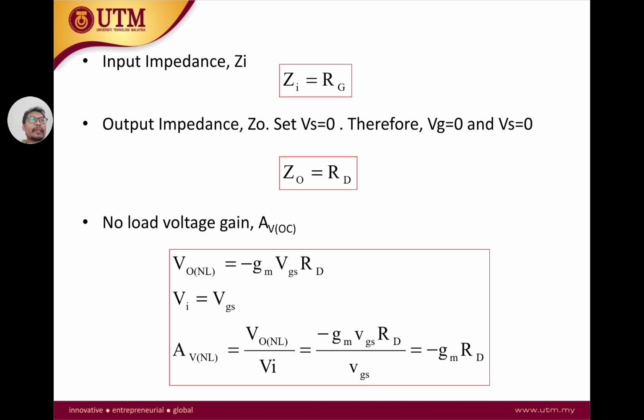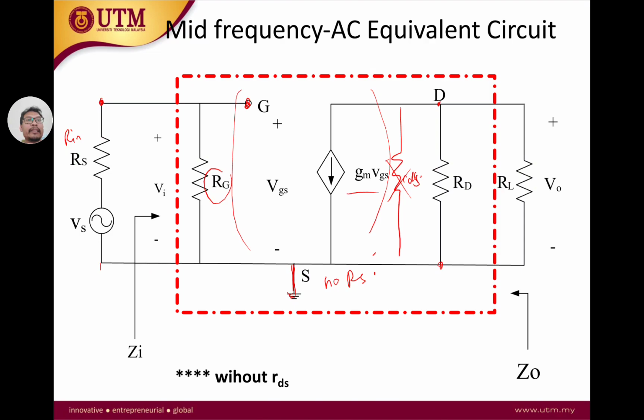Next we can calculate our input impedance ZI, output impedance ZO, and also the voltage gain AV. So where is our ZI, ZO, and AV? ZI is here and ZO is there.